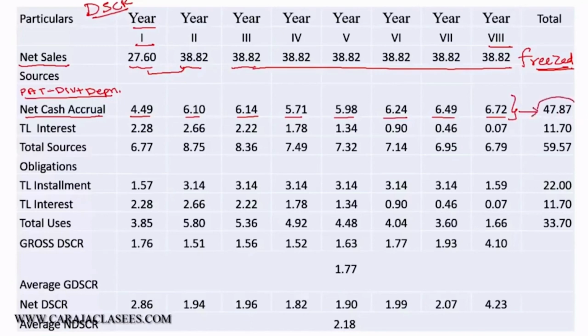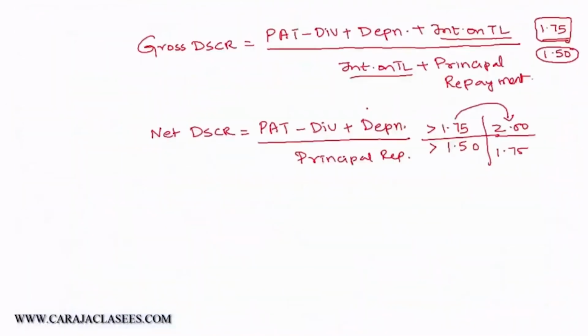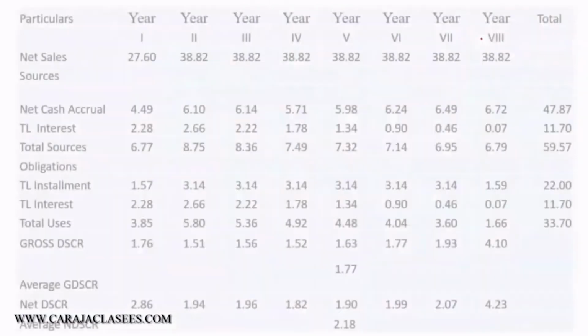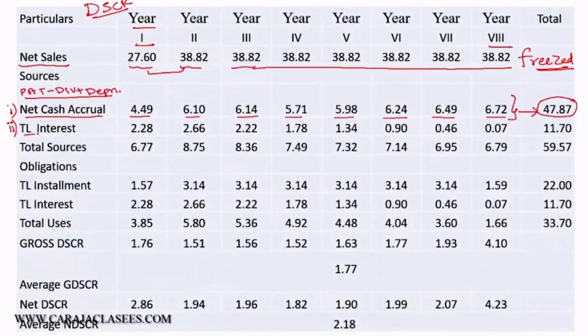This attains significance especially when we are looking at gross average DSCR, which you will understand shortly. So this is net cash accrual. With this net cash accrual, term loan interest is now added. If you recollect, I have said it is PAT minus dividend plus depreciation plus interest on term loan. That interest on term loan is what we are writing separately here. So this is the term loan interest, which is again picked up from CMA.